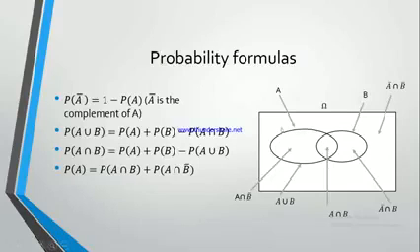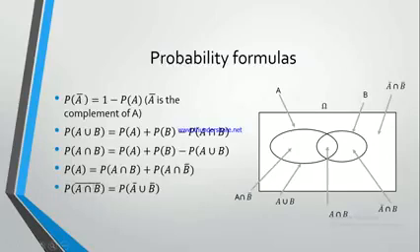So here A is A intersected with B bar, so A without B, plus A intersected with B. So the probability of A is P of A intersection B plus P of A intersection B bar.